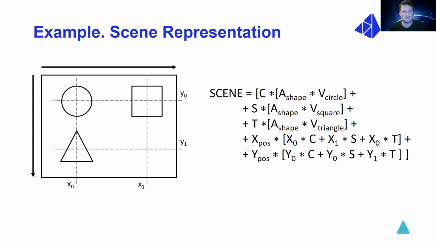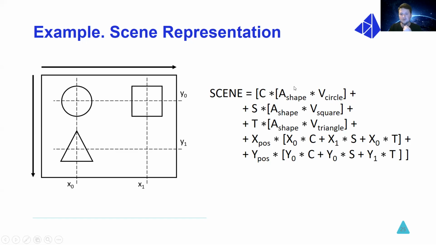There we have this simple scene that has three objects: circle, square, and triangle. And we have just one attribute for each object, its shape. And here we have HD vectors for the shape attribute, for the values, and also we have HD vectors for positions of these objects on the scene.